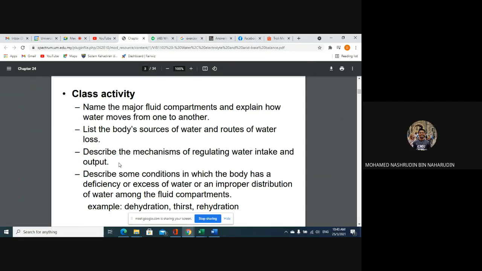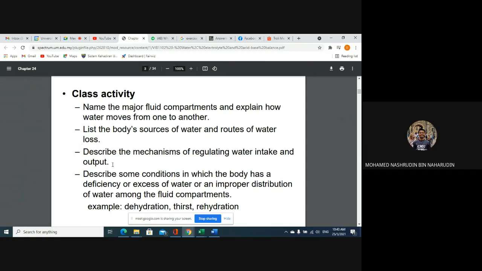So I can generally divide the mechanism into two categories, which are internal mechanism and external mechanism. The internal mechanism is the regulation of the body itself, and the external mechanism is due to hot weather or cold weather, and also things that you consume. That is the external mechanism of regulating water intake and output of your body.